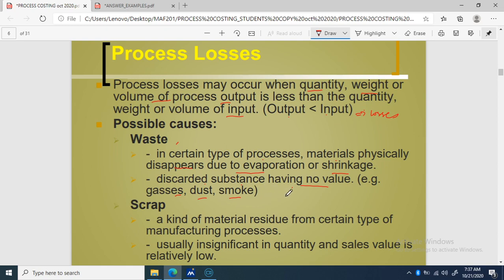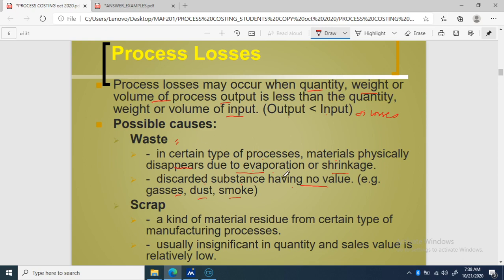After the water is boiled, the output is not 1 liter anymore. It will be less than that, because during boiling there is evaporation. So that one is the waste.